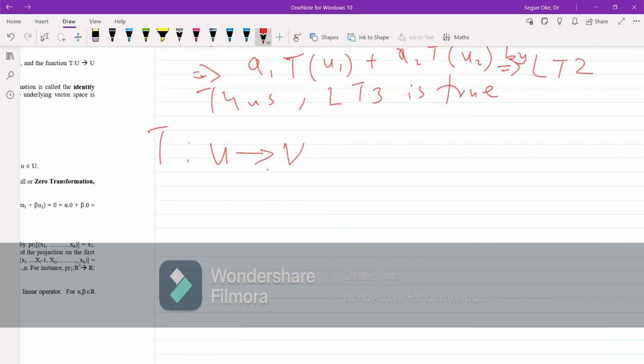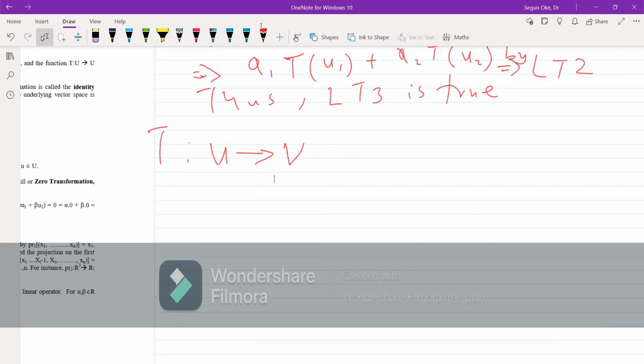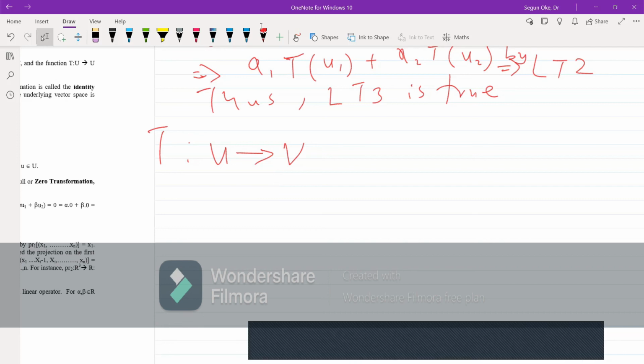So we can also prove all these. They are very, very simple. We are trying to lay the foundation so that by the time you do the activities on your own, you will not find it difficult and you will find it interesting.